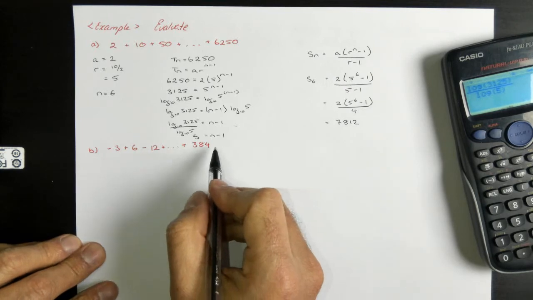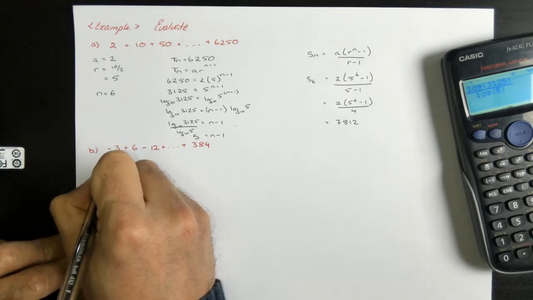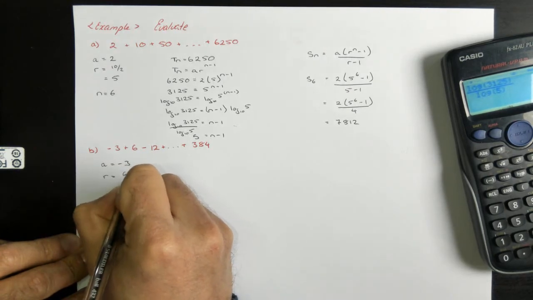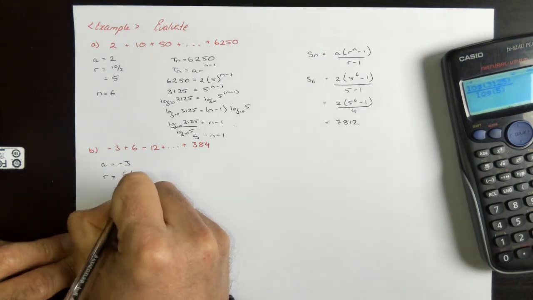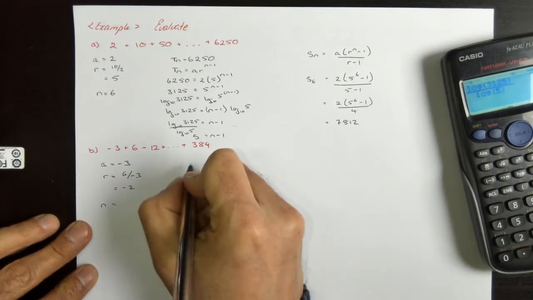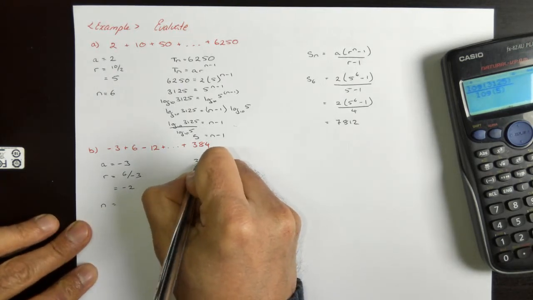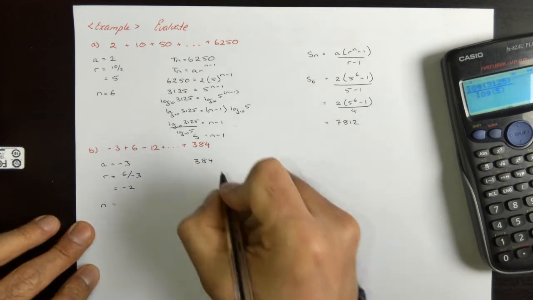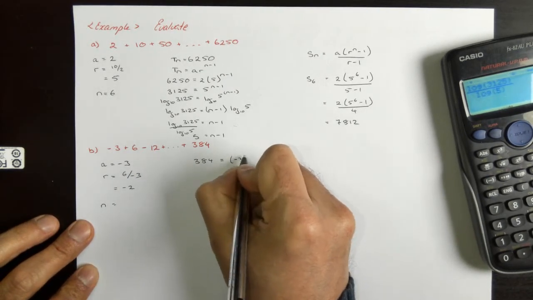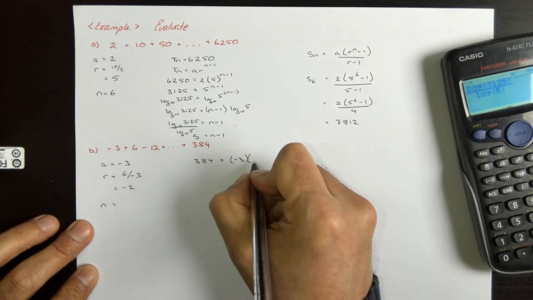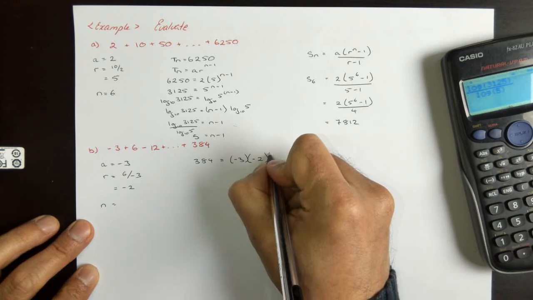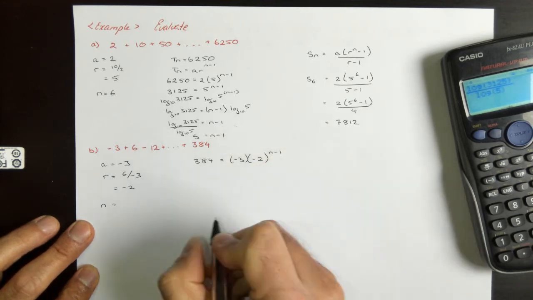Same kind of techniques here. So a is negative 3, r is 6 divided by negative 3, which is negative 2. We want to find what n equals. So 384 is equal to a multiplied by r to the power of n minus 1.